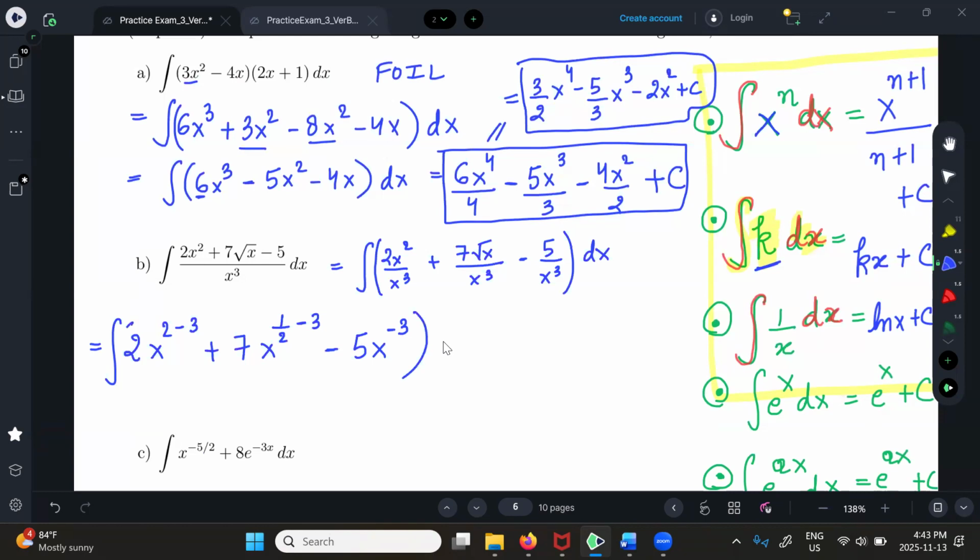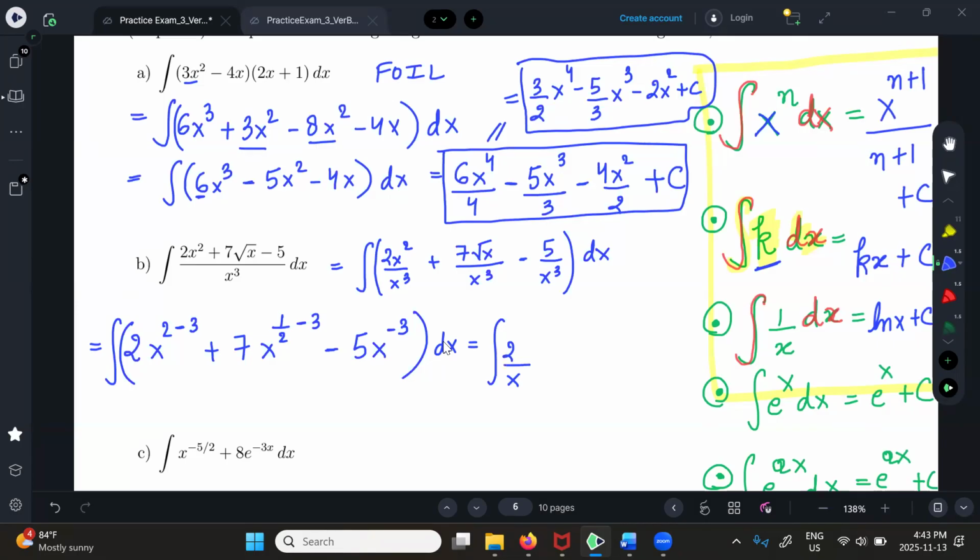Okay, now do this in your calculator. Simplify a little bit. See what you get. So this will be, oh, this is power negative 1, right? That will be 2 over x. That's a special case. If you have x to the power negative 1, just remember that's 2 over x, okay? Half, yes.